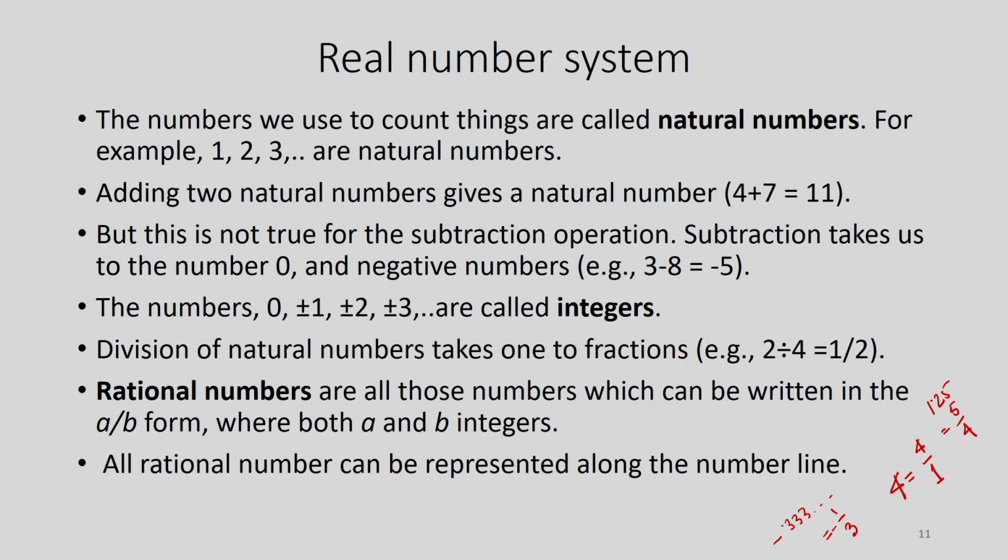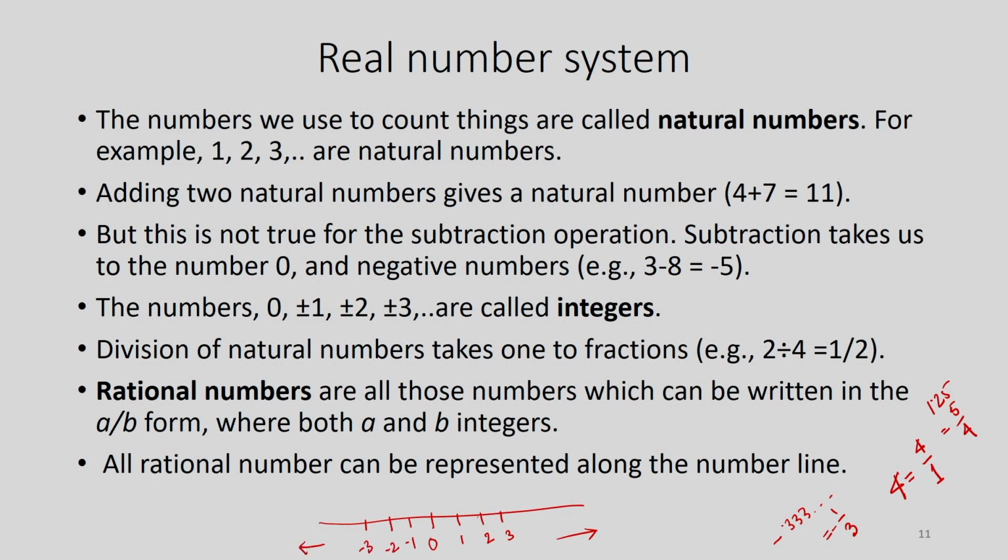So, all these numbers can be represented along what is known as the number line. If you have forgotten what the number line is, let me just draw it for your benefit. So, here is the number 0, and here you have 1, 2. This is going to plus infinity, and you have numbers decreasing here, and here you go to minus infinity. So, this is called a number line.